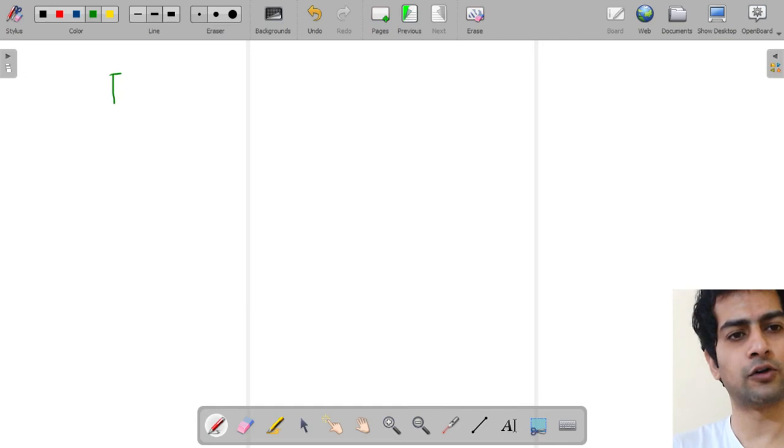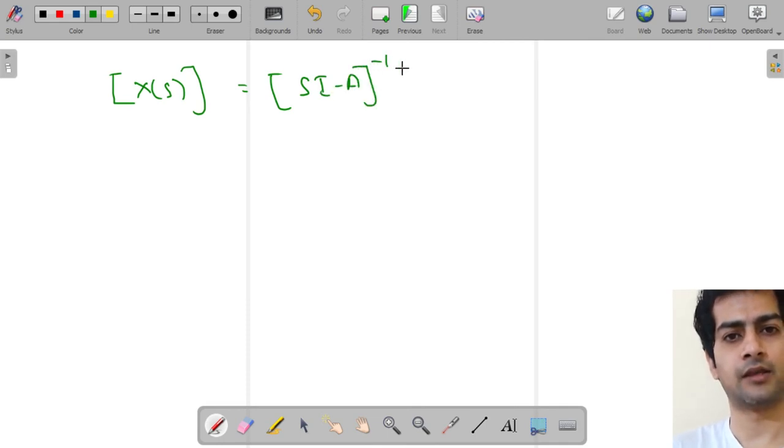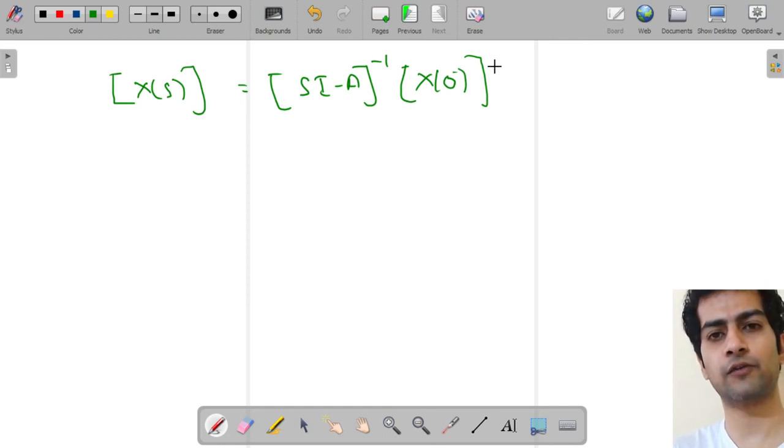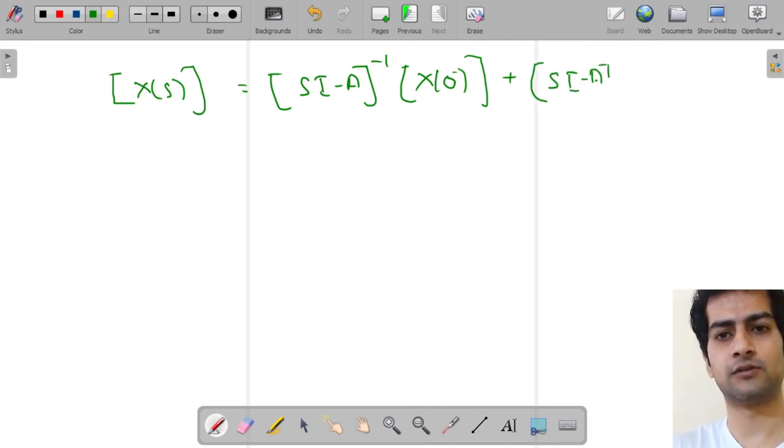Then finally, what we will get? We will get something like this: X(s) equals (sI minus A) inverse times the initial condition. Keep in mind, these all are matrices. I told you that I will solve an example. If you are having any doubt, then it will be removed there. Doubts can be removed. Doubts cannot be solved.